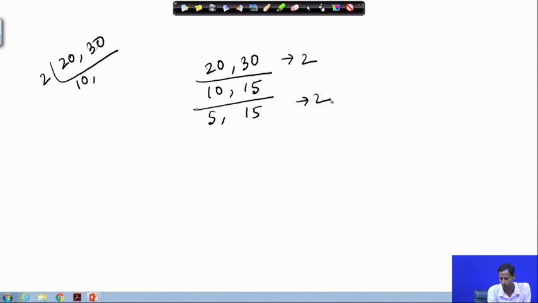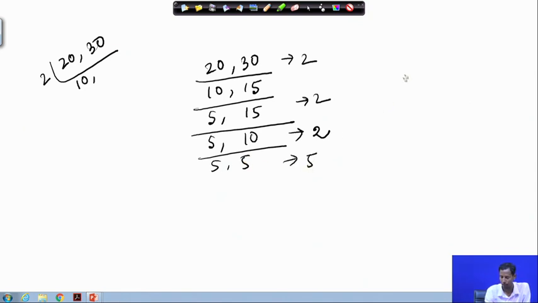So here I am dividing by 2, then this is 5 and 15. Again I am dividing by 2, then 5 and 5, so from here I get 5. That means 2 into 2 into 2 into 5, 5 into 8, that is 40. So, using this particular circuit I cannot implement the LCM directly.